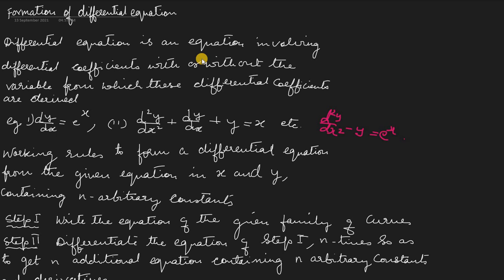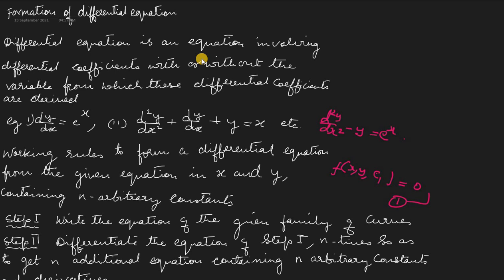So what are the working rules to form a differential equation? You are given a family of curves, say f(x, y, c1) is equal to 0. This is a family of curves, and as you can see, this given family of curves involves only one constant term.